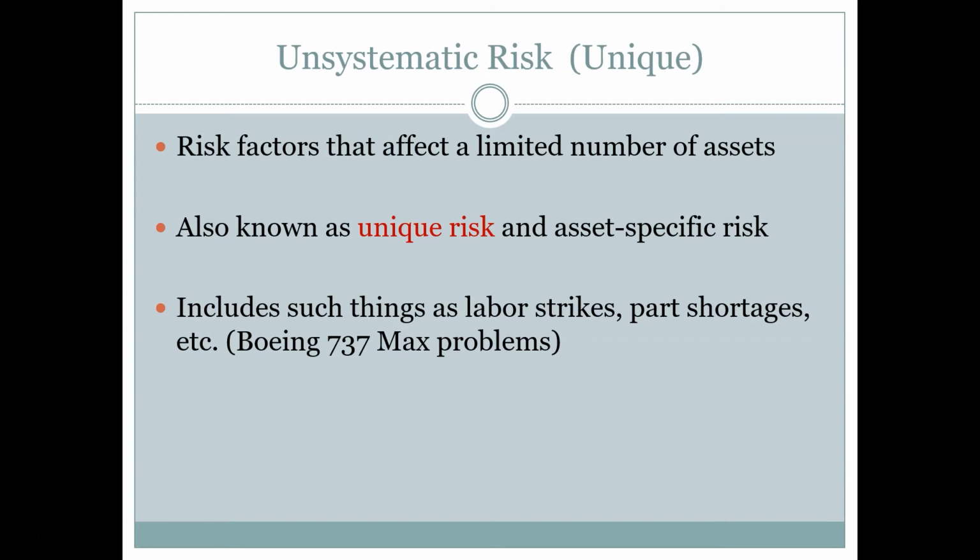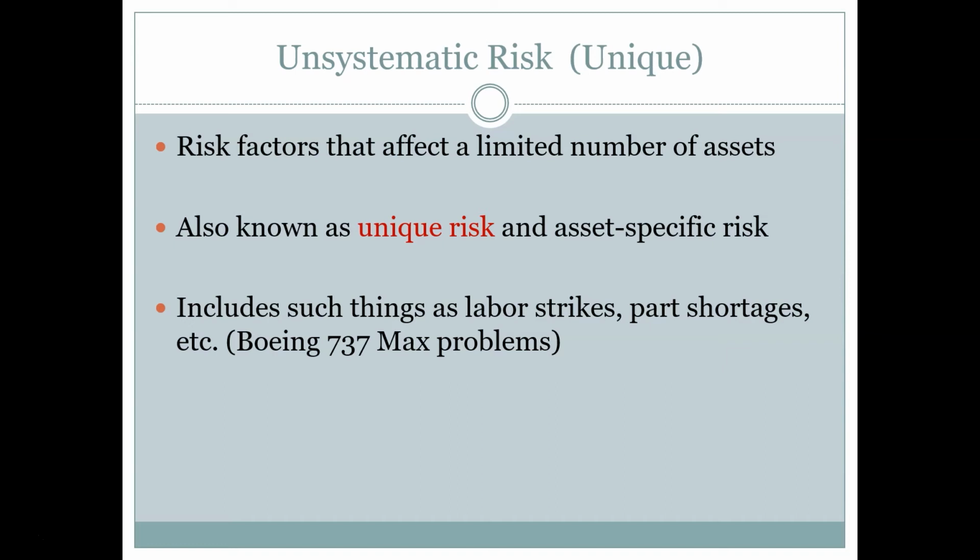And that means you can have unsystematic risks that look like a labor strike. So for instance, last year there were widespread union strikes in the airline industry, in the car industry. We're seeing some labor unrest in Amazon right now during the crisis as workers try to organize because they don't think Amazon's providing them with enough protective equipment. You can think about unique risks as part shortages, as equipment problems.